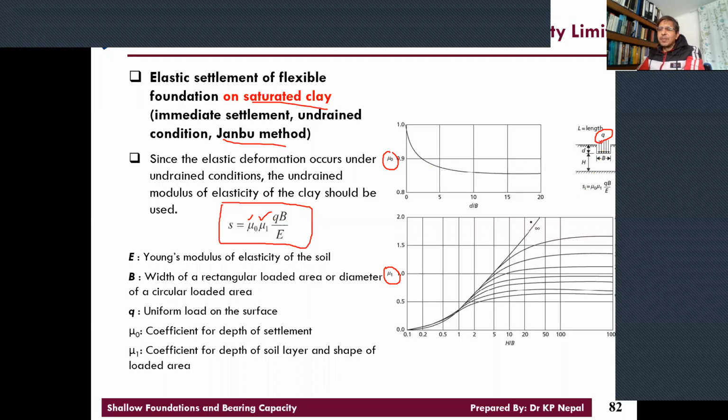Of course, you know it from the given load divided by the area of the foundation. So you get the pressure at the bottom of the foundation, B is the width of the foundation, and E is the elasticity. So everything is known really. You can directly compute the immediate settlement using this equation for saturated clay.